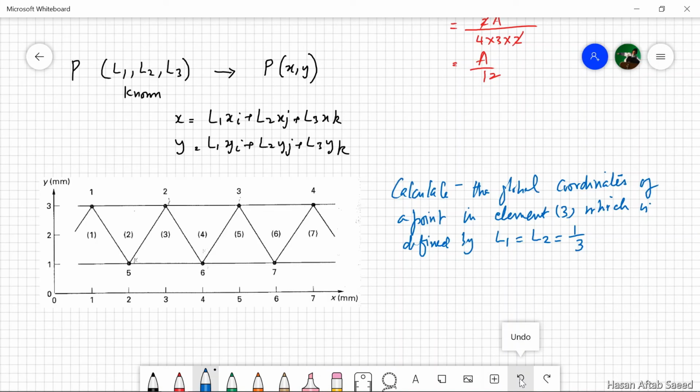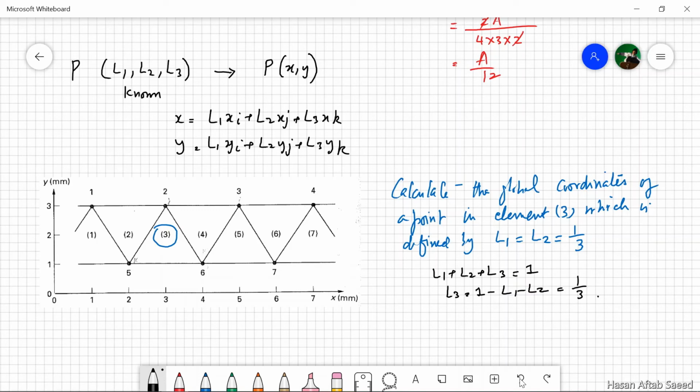We need to calculate the global coordinates of a point in element 3. This is element number 3. We know that L1 plus L2 plus L3 is equal to 1, which means that L3 must be equal to 1 minus L1 minus L2, which is 1 over 3.